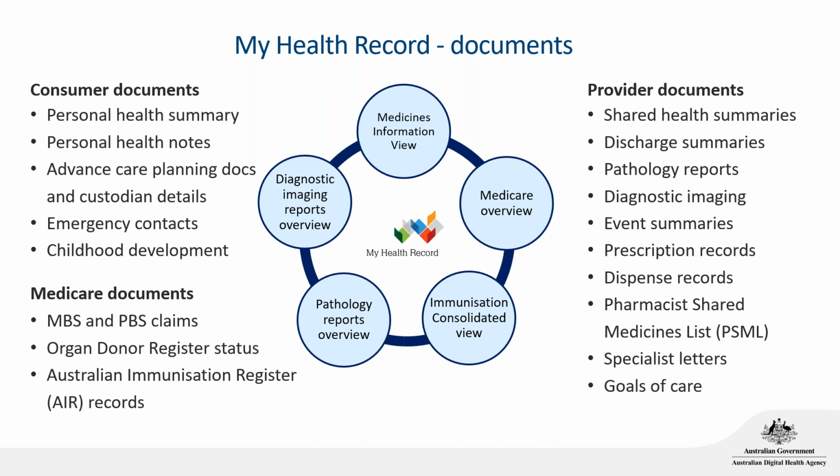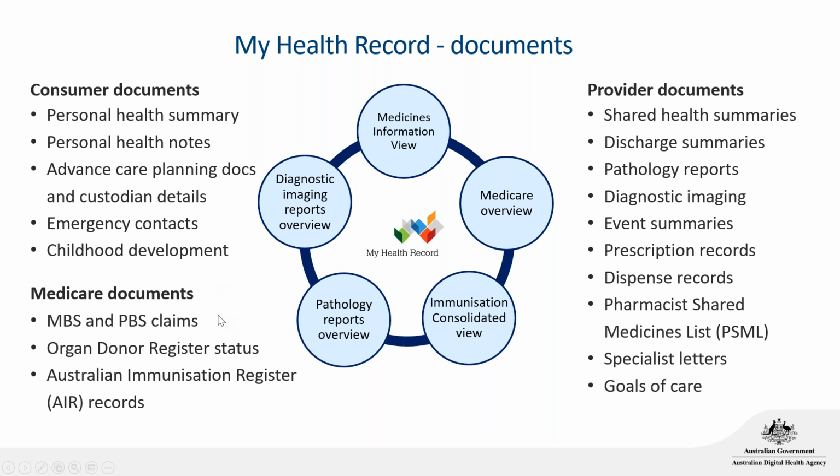So if you were to have a look at a patient's My Health Record, you could find some of those documents in there. As I said, there's a couple of different categories. So consumer documents are information that consumers add. They might contribute information like their own health summary or allergies, for example, or their emergency contact information. That's something that they can add.